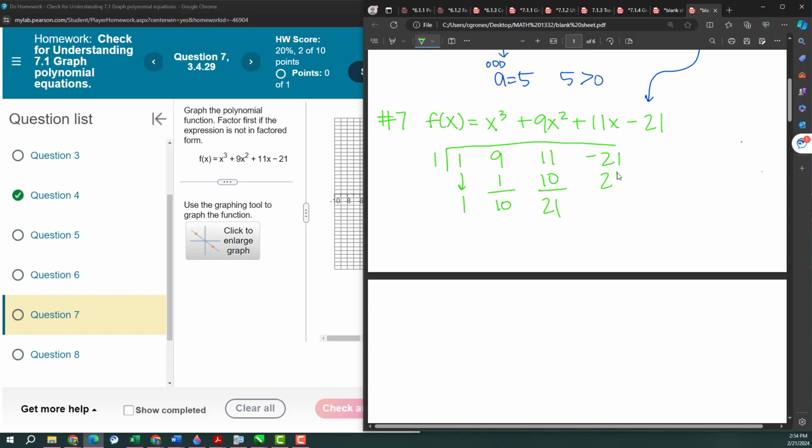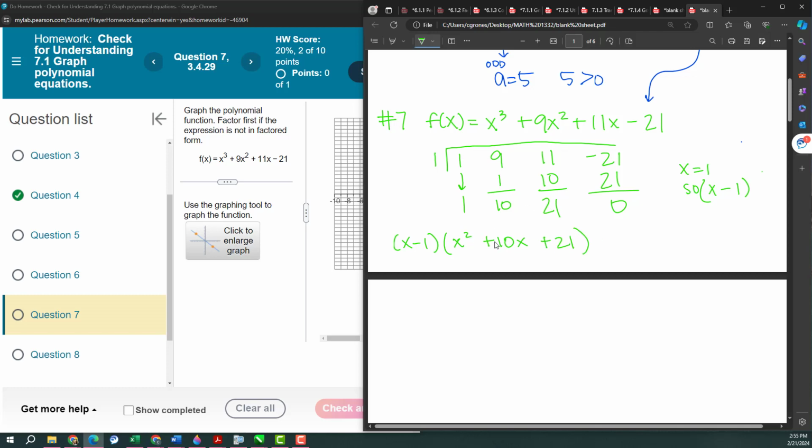And then, it works out. So I can use x equals 1, so our factor would be x minus 1. And then I've got x squared plus 10x plus 21.